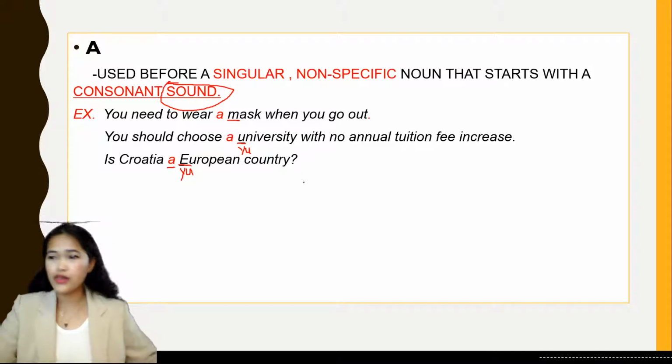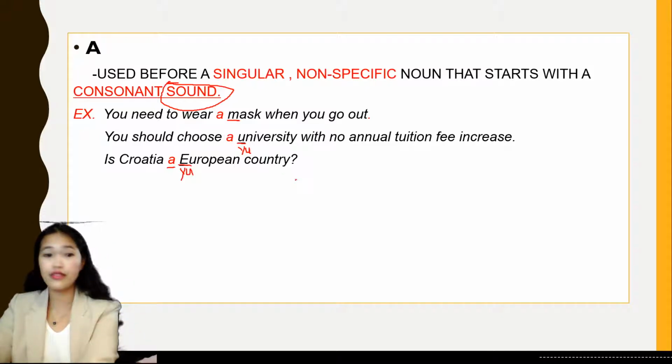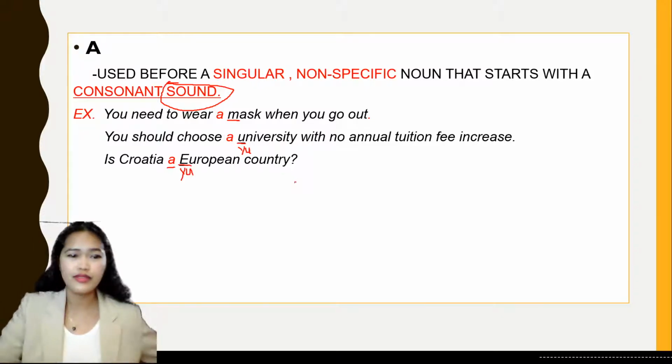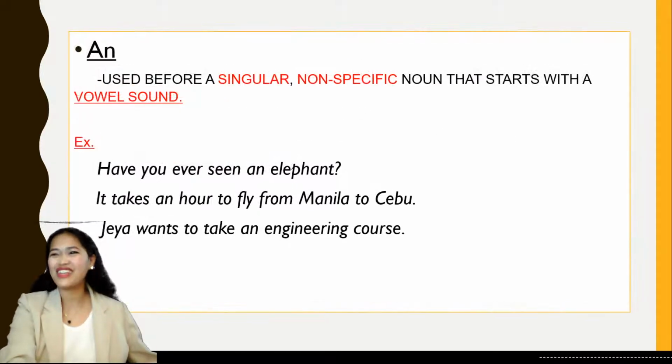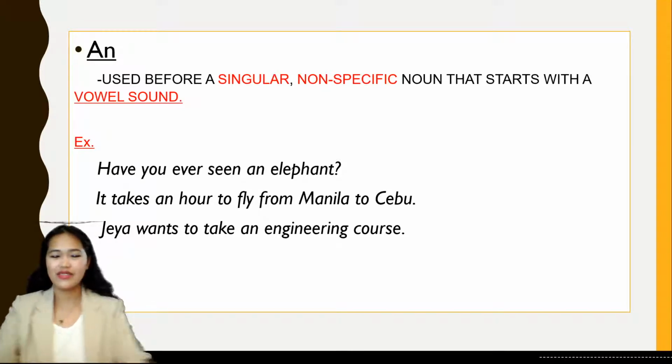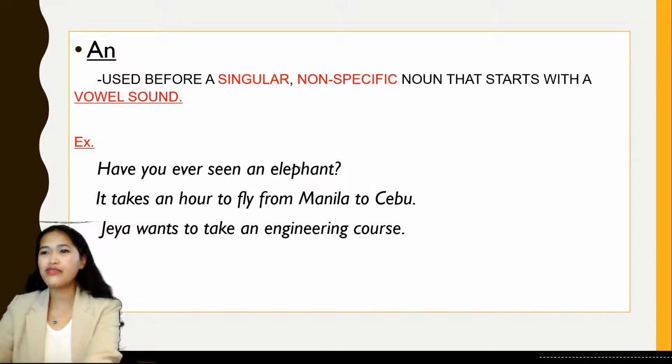So let's go on with the an. We use an before a singular, non-specific noun that starts with a vowel.